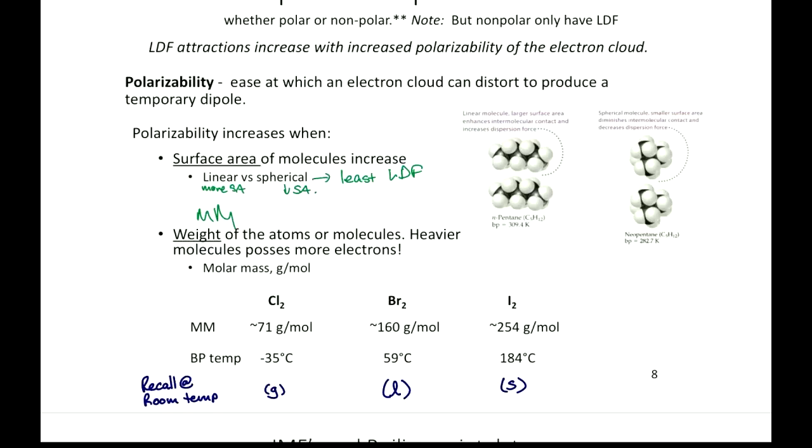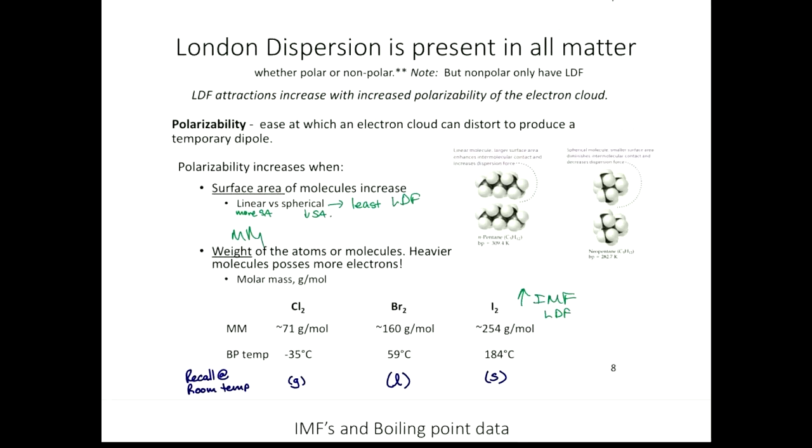That's because iodine, because it's the heaviest, has the largest amount of IMFs present in the form of London dispersion, because all those particles are nonpolar. And so the boiling point temperature increases, and that directly affects our observations, because we said at room temperature, chlorine is a gas, bromine is a liquid, and iodine is a solid. All right, so that's London dispersion.